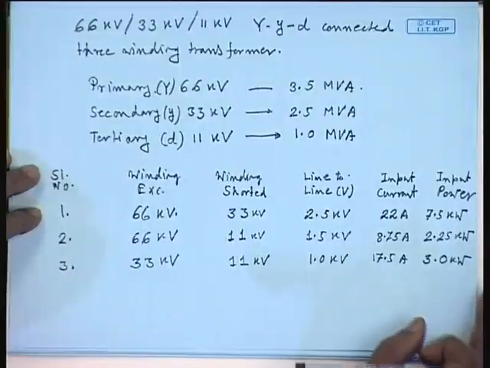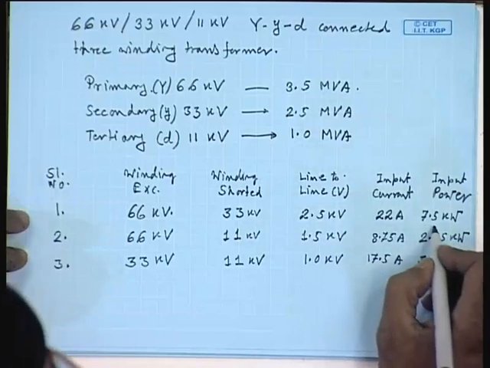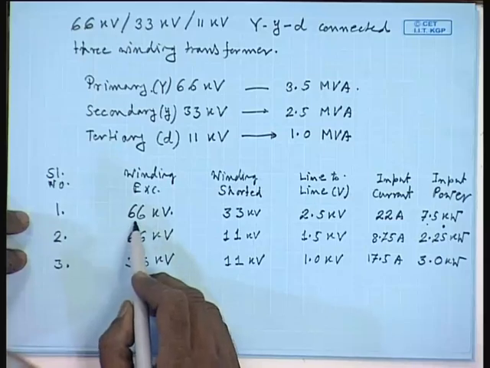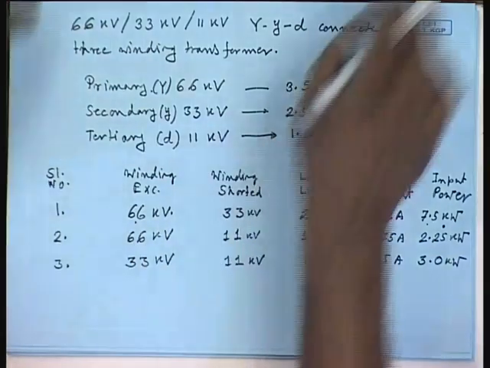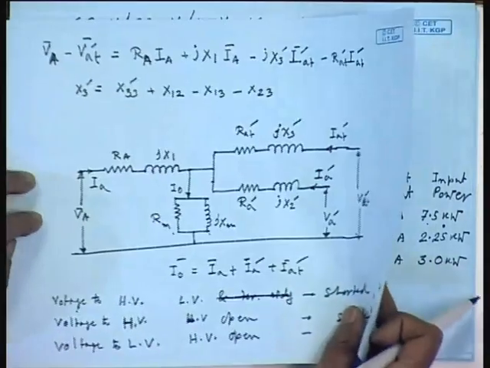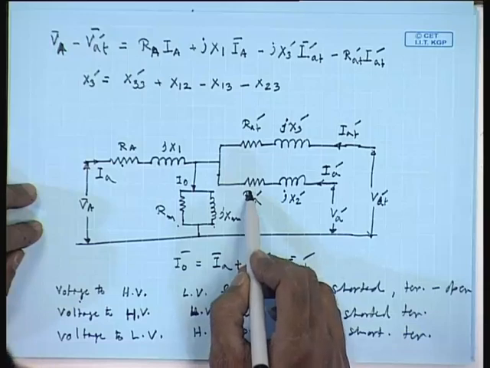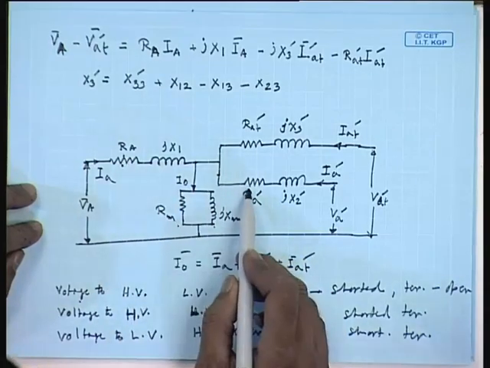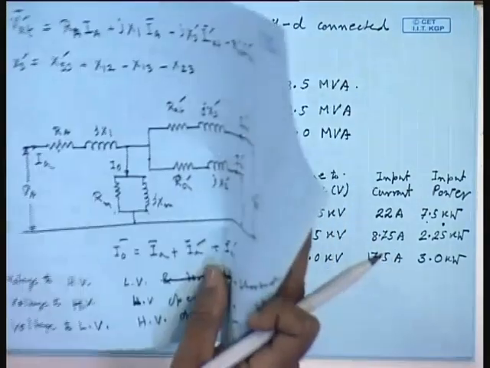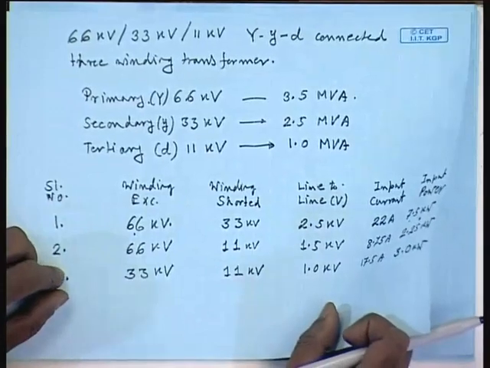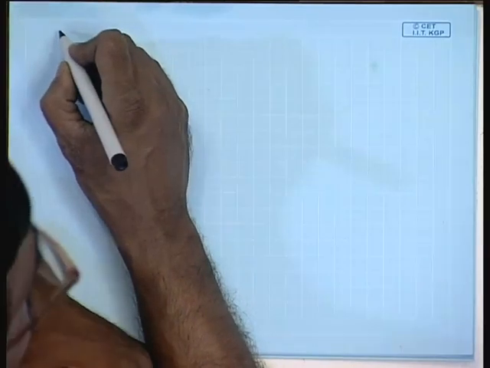Hence, for the first test data, the input power of 7.5 kilowatt is consumed in the high voltage winding and in the 33 kV winding, that is in this resistance and in this resistance. So, the equivalent resistance of the 66 kV and the 33 kV windings referred to the 33 kV side will be, let us call it RYY.